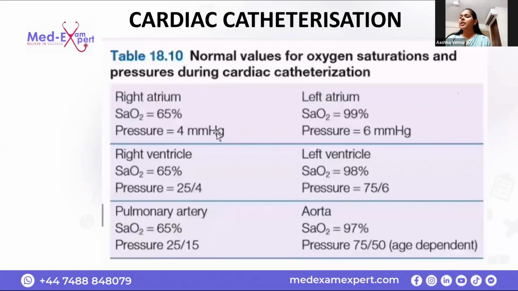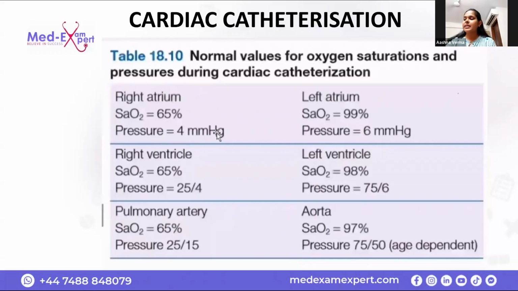So in your MRCPCH exam, you usually do not worry about remembering facts, but for cardiac catheterization, let me tell you, you need to remember the normal saturation and normal pressure in all the chambers of the heart. Okay, so the table which has been given in front of you should be in your mind thoroughly.